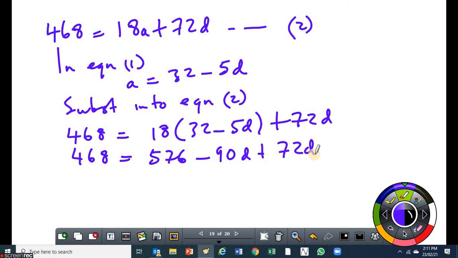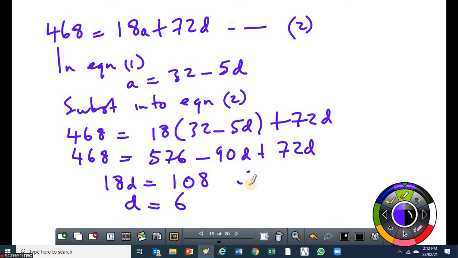Okay, so you end up getting, my suggestion, I'll take this 576 to the left and take that 468 to the right. So if I do my subtraction, I'll get 18d equal to 108. Okay? Are you following? Then d is going to be what? 6.